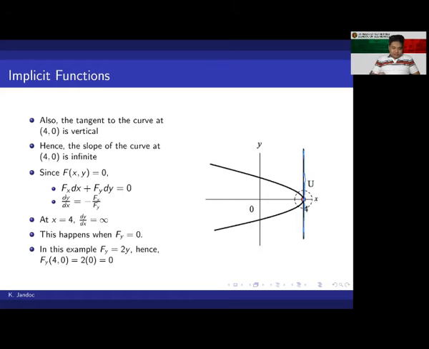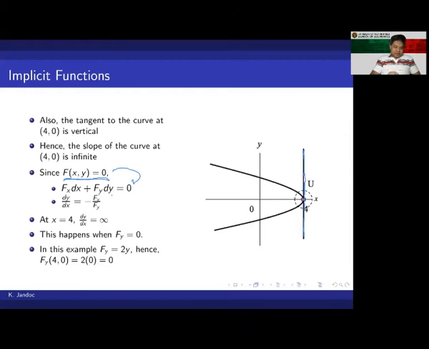Okay, now we can see that when we look at the differentials for this implicit function over here. So if we take the differential, we have fx, which is partial f over partial x, dx plus fy dy equals 0. Okay, so this is just the differential of this implicit function.